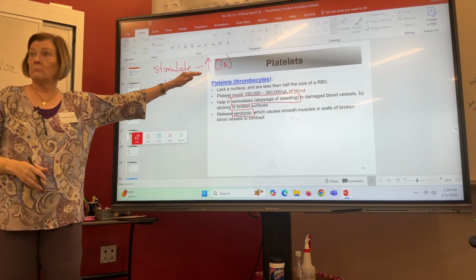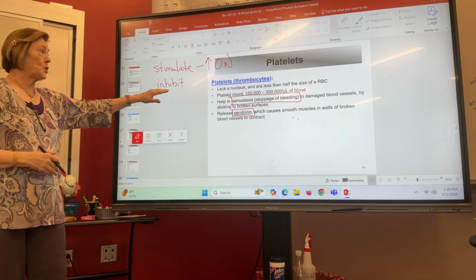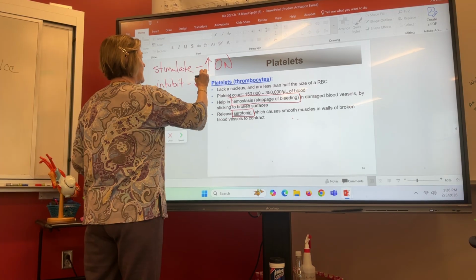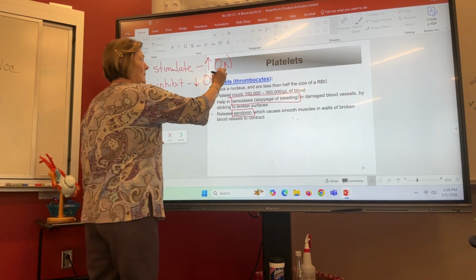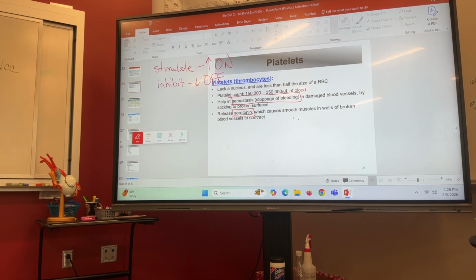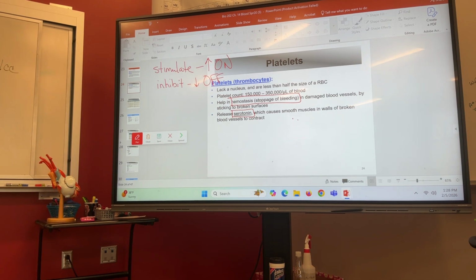Something is turned on. To inhibit means you decrease to the point that it turns off. We use those two words quite often with hormones, right? So think of those words and think, okay, am I turning it off or am I turning it on?